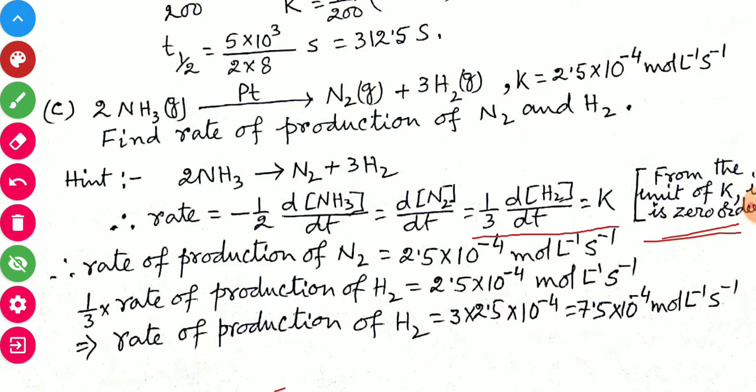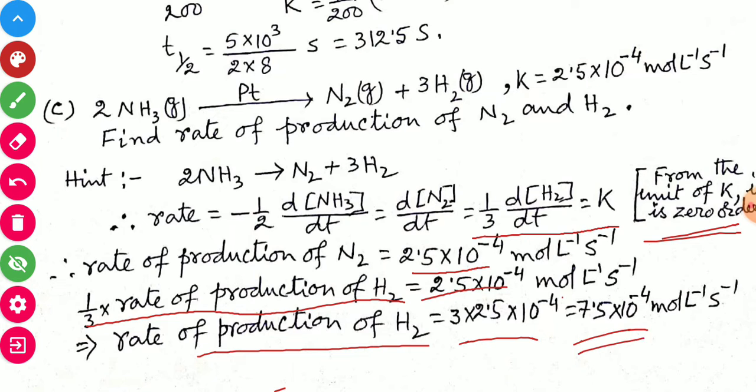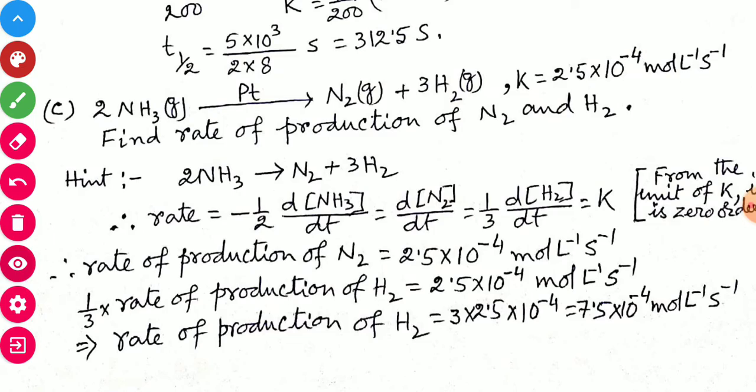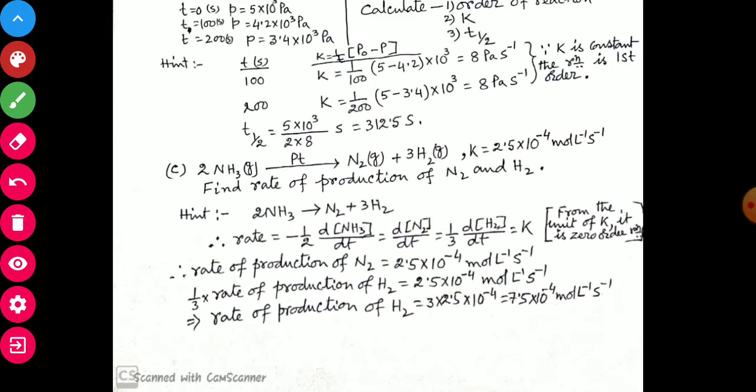So the rate of production of nitrogen is k = 2.5×10⁻⁴, and ⅓ rate of production of hydrogen equals 2.5×10⁻⁴ moles per liter per second. Therefore, the rate of production of hydrogen is multiplied by 3, so the answer is 7.5×10⁻⁴ moles per liter per second.